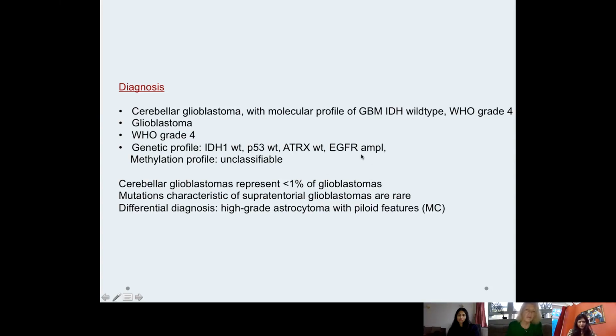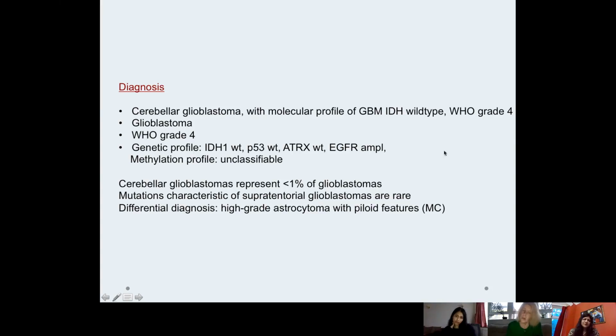And if you remember from before, EGFR amplification is a mutation, or genetic change, if you want, that is observed almost exclusively in glioblastoma. And so the final integrated diagnosis here is of cerebellar glioblastoma with a molecular profile of an IDH wild type GBM grade 4.